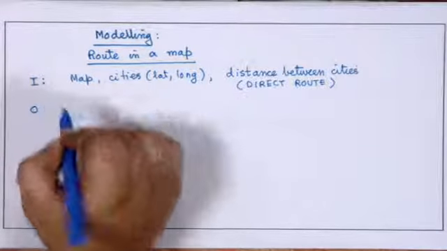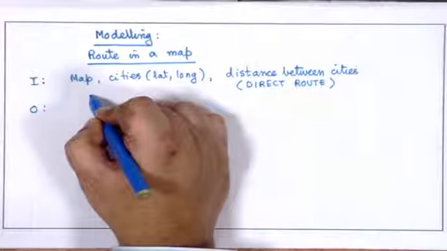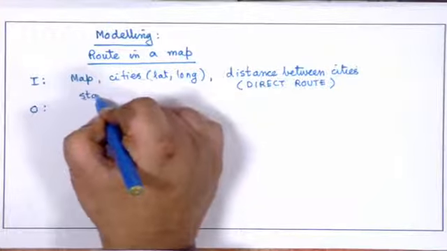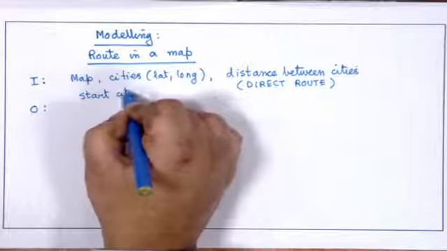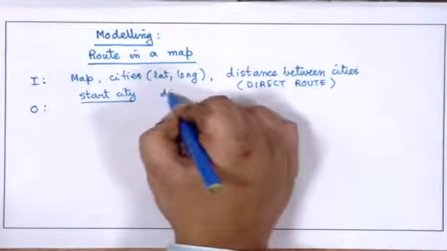Another input that you will get is a start city and a destination city.